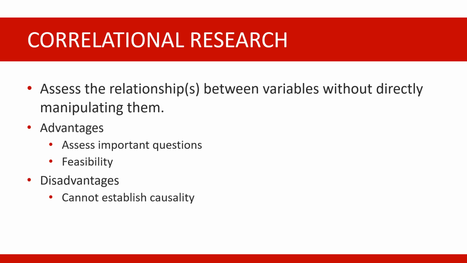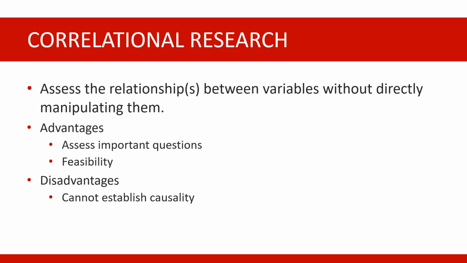However, a major disadvantage of correlational research is that it cannot establish causality. Because the experimenter is not manipulating the variable, there's always the possibility that there are other explanations for that correlation. One possibility is that you might have a directionality problem.